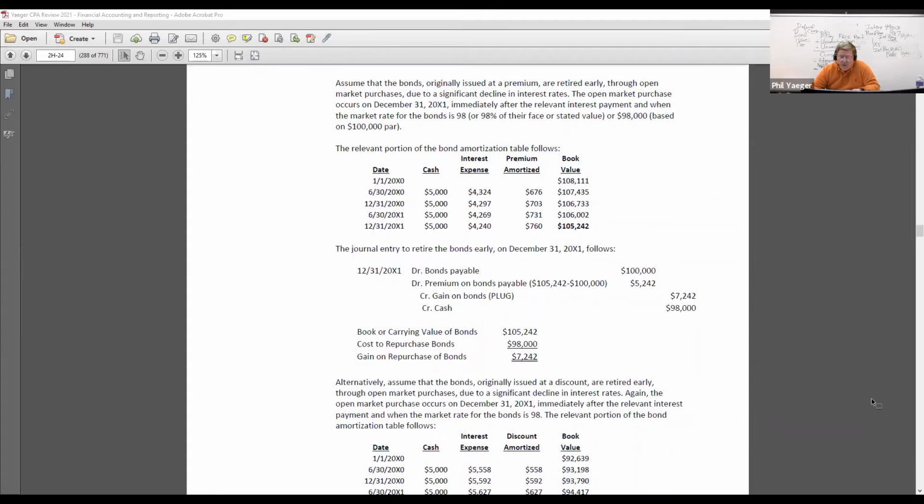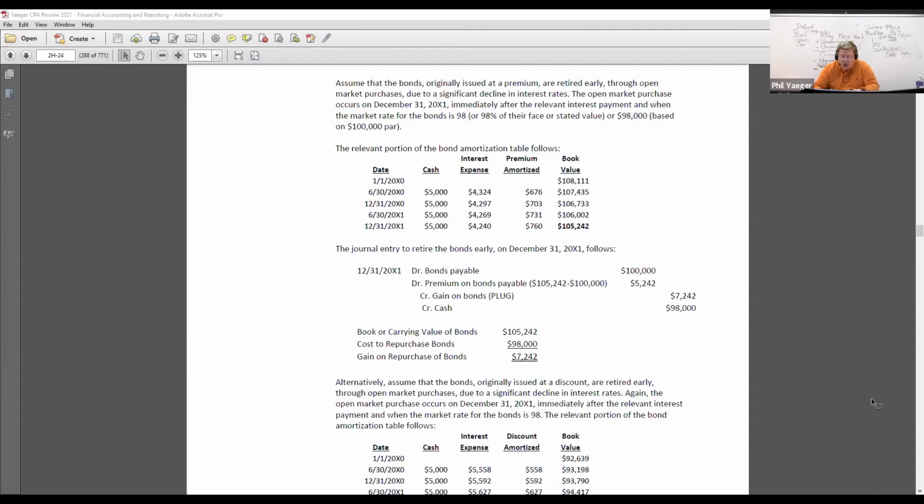Oh, no, no, it's the carrying value times the market rate. The carrying value times the market rate, right? And the difference between the cash interest payment and the interest expense is the premium amortization. Now, because the bonds were issued at a premium, is that going to reduce the carrying value or increase it? Reduce it. Reduce it, okay?